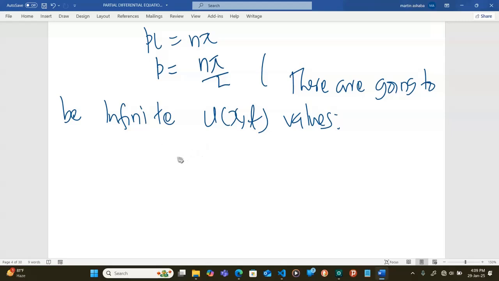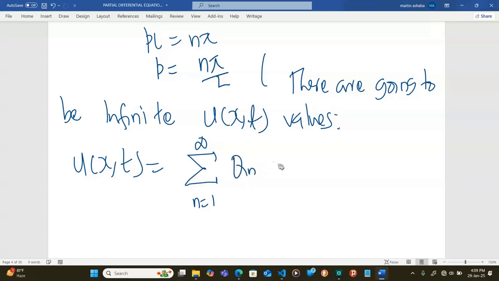So therefore, u(x,t) will equal to the sum from n equal to 1 up to infinity of 2n sine(n pi x out of L) times exponential of negative p squared c squared t.